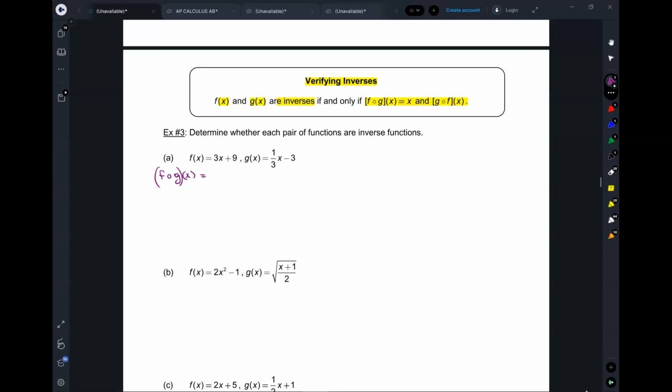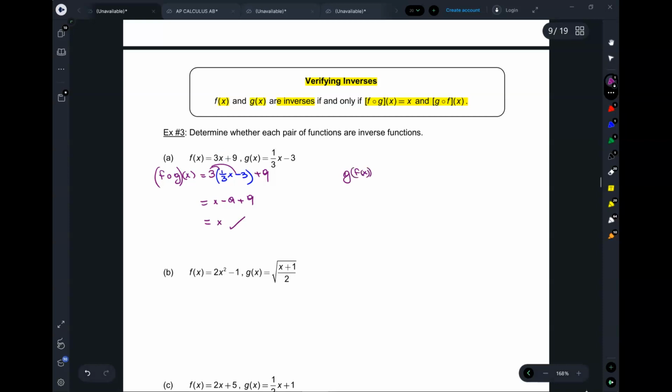So it's going to go inside of the x. It's going to be 3 times (1/3 x minus 3) plus 9. So distribute. This is one of the most satisfying things we do in math. So we get x minus 9 plus 9. What does that reduce to? X. Okay, halfway there.